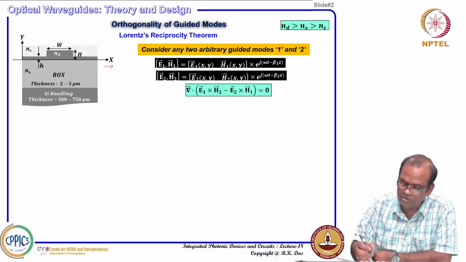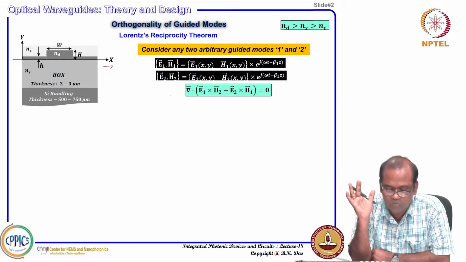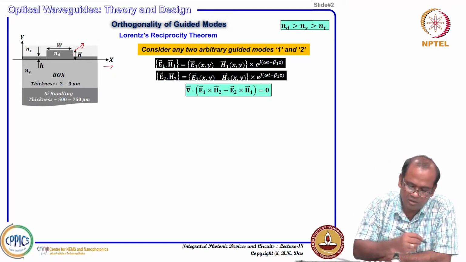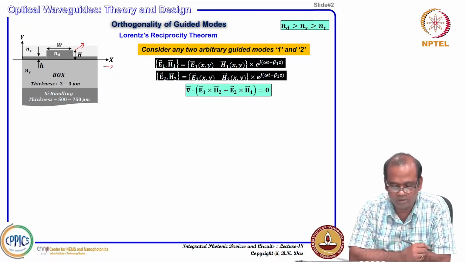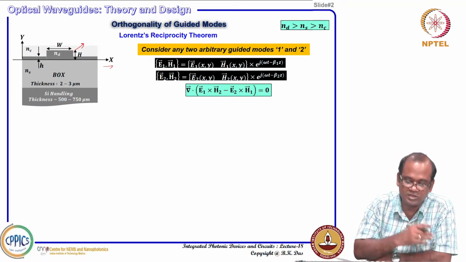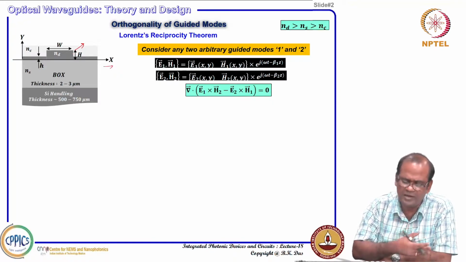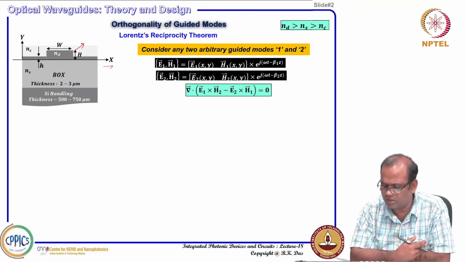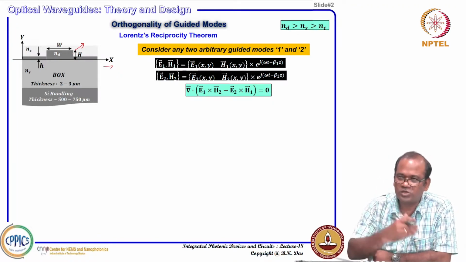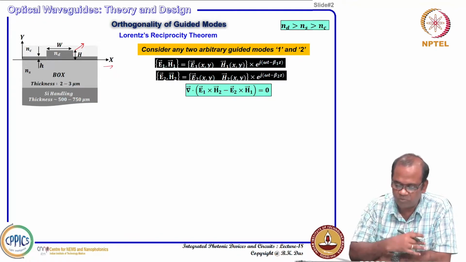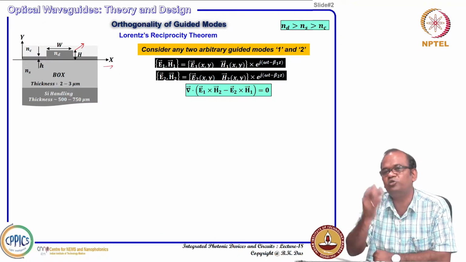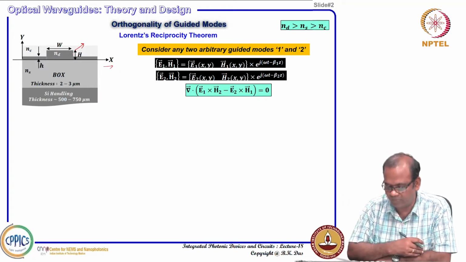Let us consider any two arbitrary guided modes. For example, W is considered such that it is a multimode structure, or you can consider any other type of waveguide which can support a number of guided mode solutions.